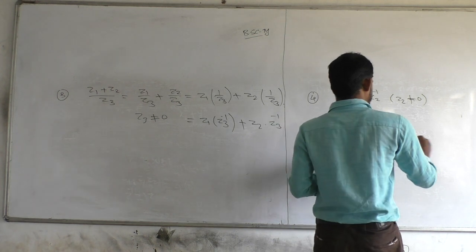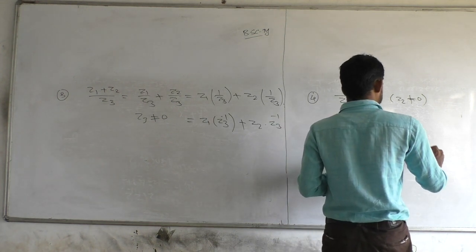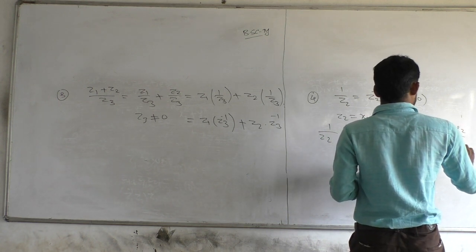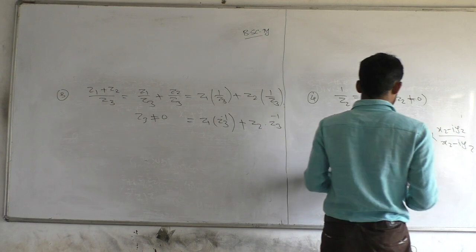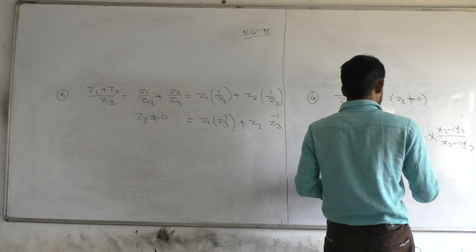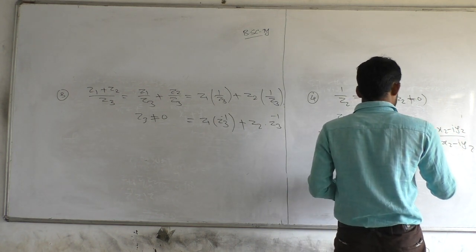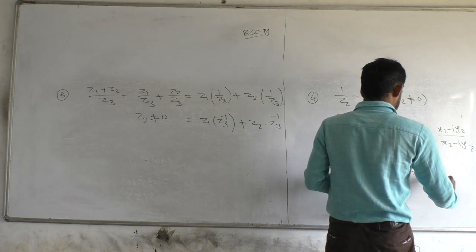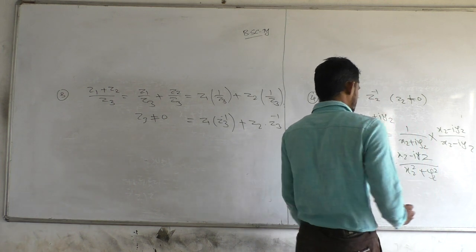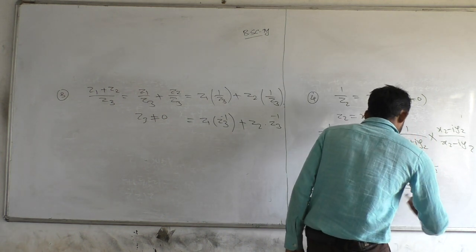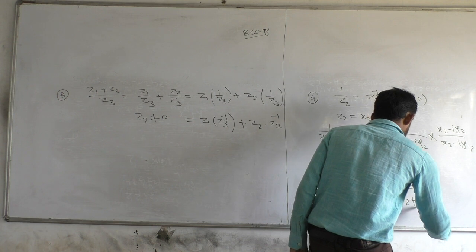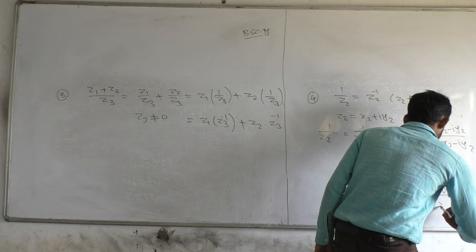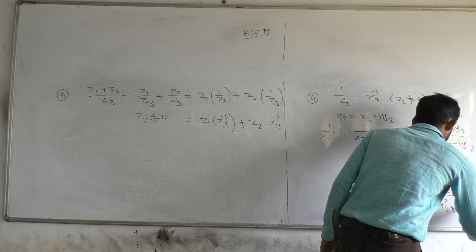It can also be written as 1 by x2 plus i y2 into x2 minus i y2 divided by x2 minus i y2. So this is x2 minus i y2 divided by x2 square plus y2 square. So it can also be written as x2 divided by x2 square plus y2 square minus i y2 divided by x2 square plus y2 square.